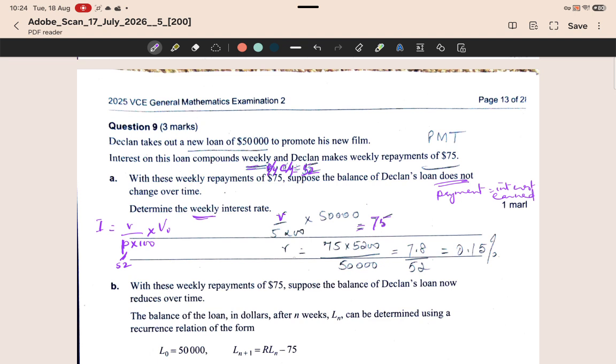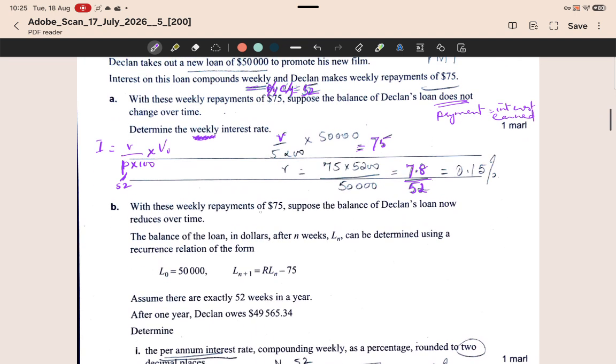So calculating R, it gives you a value of 7.8. Now 7.8 is a rate percent per annum. So in order to calculate the weekly rate, you divide by 52 and you get 0.15%. So be extremely mindful of whether they're asking you the weekly or the monthly interest rate or the rate per annum.